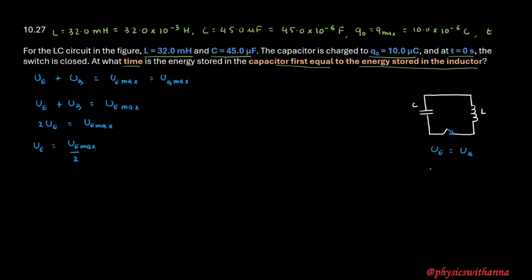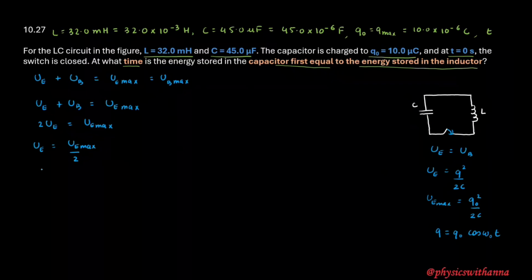Energy across capacitor at any given instant in time is given as Q squared over 2C. For maximum energy, the same expression will become Q max squared over 2C. Whereas for any other instant in time, I will substitute Q as Q naught cosine omega naught t, where omega naught is the frequency of the LC circuit and Q naught is the maximum charge.